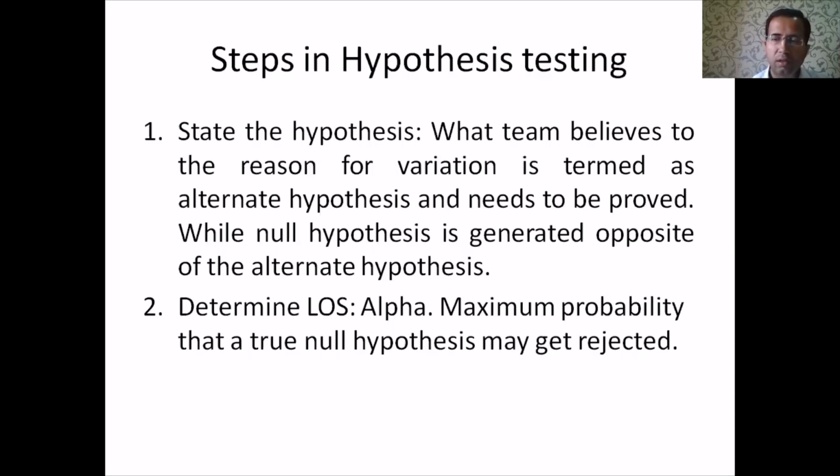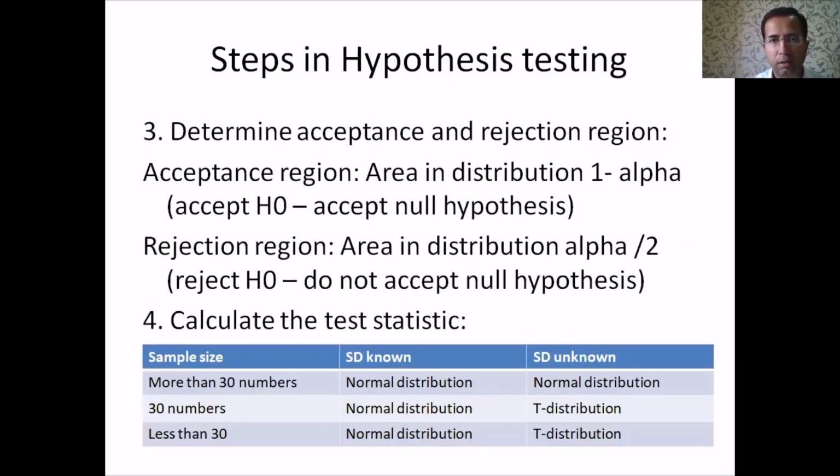I'll talk about that later, but we generally represent it by alpha. That's why alpha is written, and it indicates the maximum probability that the statement that I'm writing in the null hypothesis will get rejected.